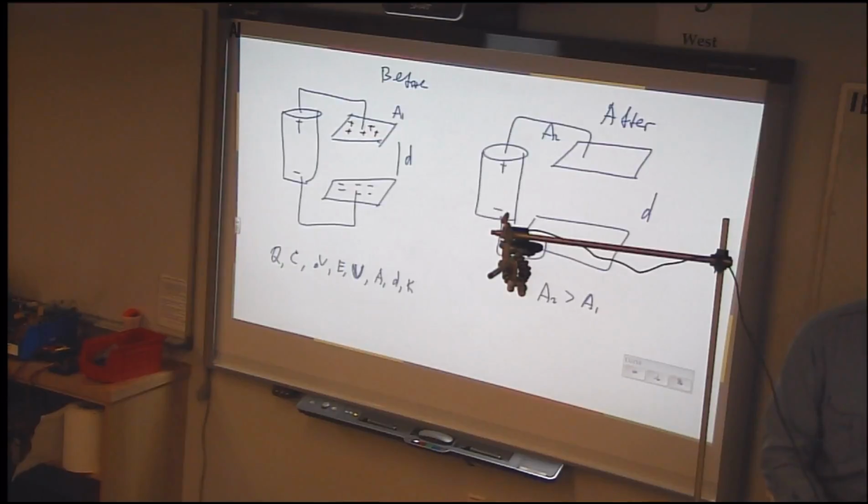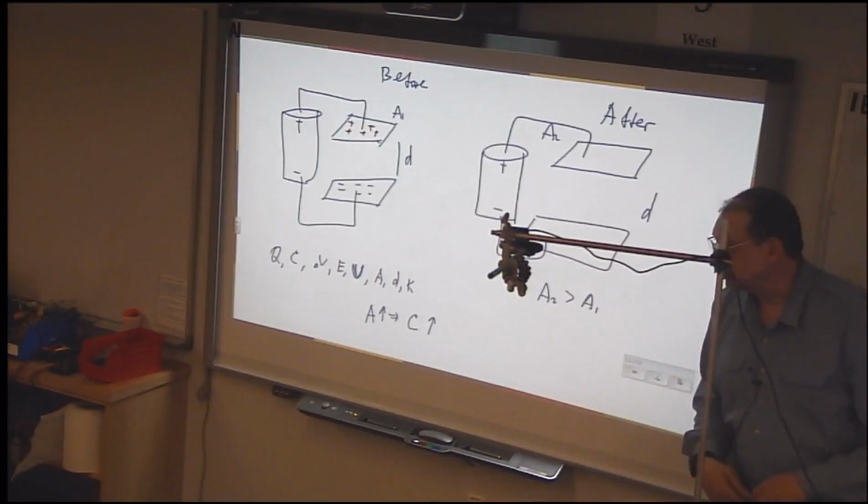Well, how would you finish this question? If we change area, what should be affected immediately? Yeah, capacitance. Okay, how? More area, more capacitance. Which means now more charge should be stored, right?